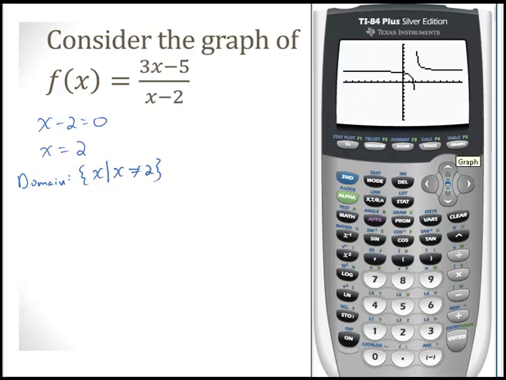And so notice that that feature disappeared. And we see that that interesting feature is happening. It appears to be pretty close to x equals 2. And in fact, what we call that feature is a vertical asymptote.